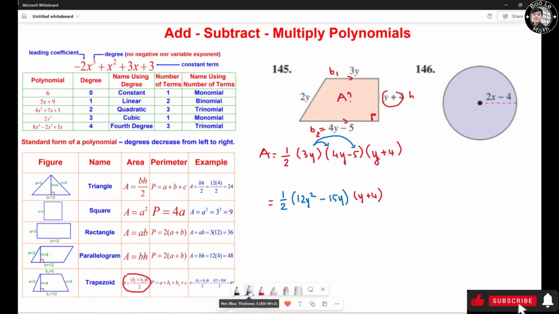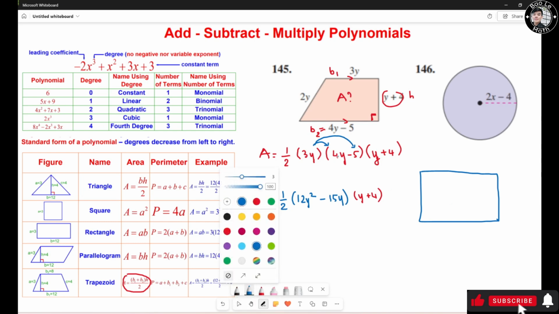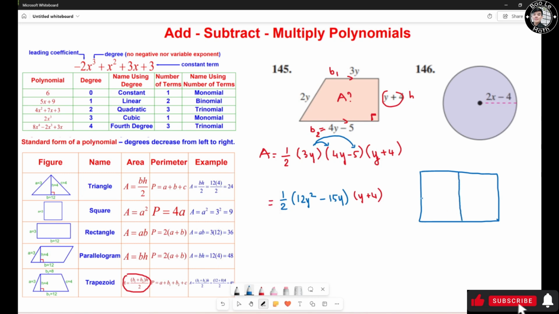Now we need to use the box method to distribute this guy, right? When you have more than 2 terms, you can use the box method. If you have 1 term, you just distribute that one easily, right? Alright, so I have 12y squared. I put 12y squared right here. Next one, negative 15y. And next one, y.